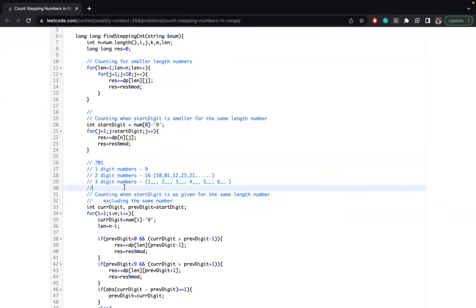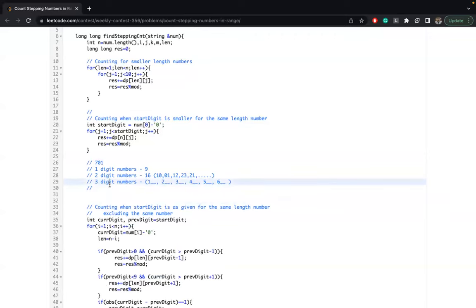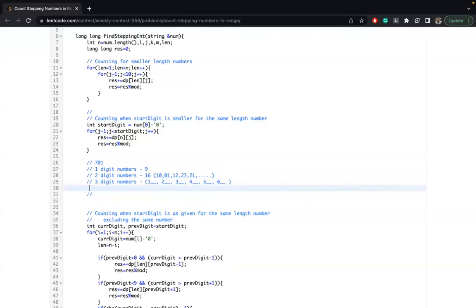Till 6 I have done, and then one more thing will be important. You have looked till 6, right? But with 7 something something, there can be some, right? So those things will also be calculated.